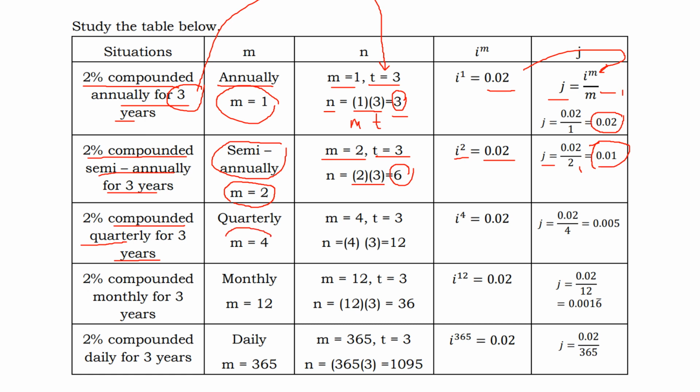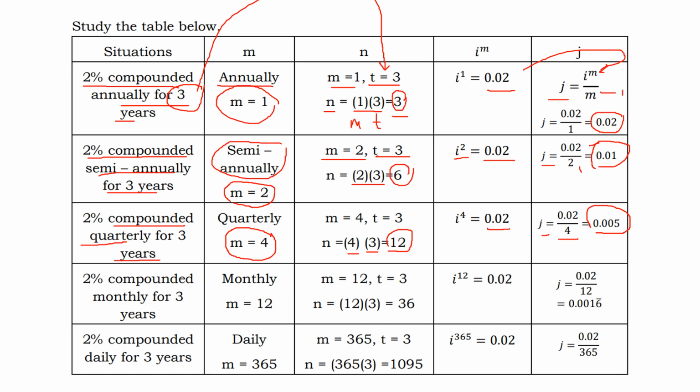That's why your m now is equal to 4. Your m multiplied by t provides a value of n, which is 12, because if we multiply 4 by 3, it becomes 12. And for i raised to 4, that will be equal to 0.02. And your j now is 0.02 divided by 4, or it becomes 0.005 as your rate of interest.